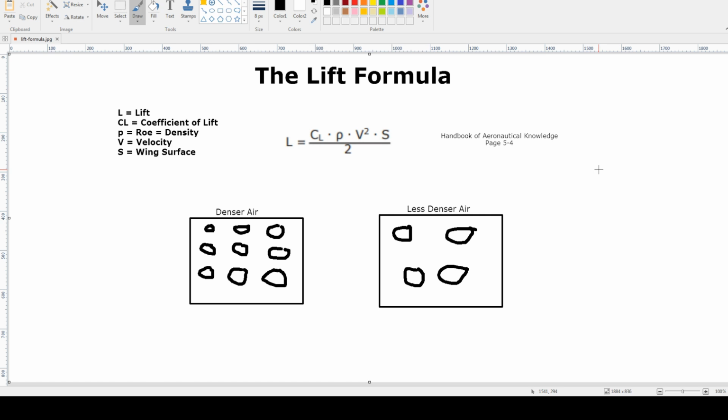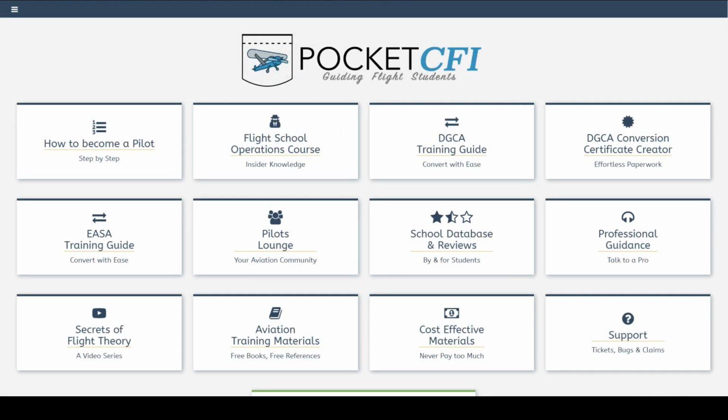This is very, very obvious when you take a small training airplane and you climb it to a higher altitude. Your airplane's climb performance will decrease and decrease and decrease until it gets to a point where it can actually no longer climb and can only maintain altitude.